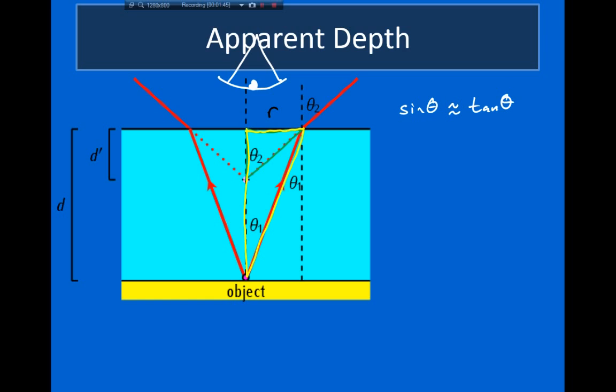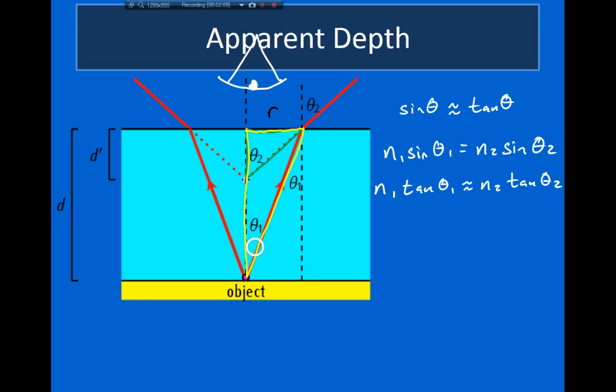So let's go ahead now and just apply Snell's law. Snell's law would tell me that n1 times sine of theta 1 has to be equal to n2 times sine of theta 2. Now if I apply this approximation to both sides of the equation, we have n1 times tangent of theta 1 is approximately equal to n2 times tangent of theta 2.